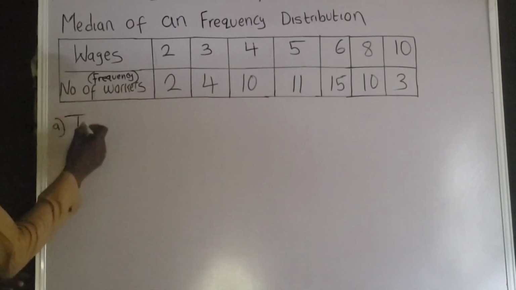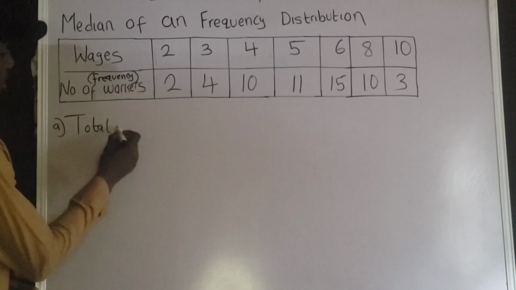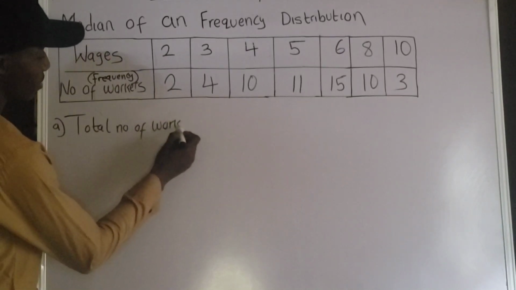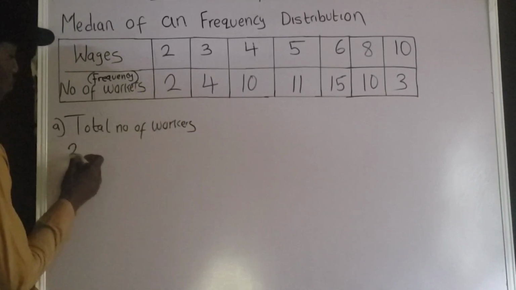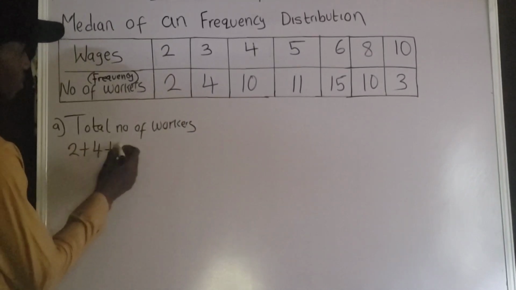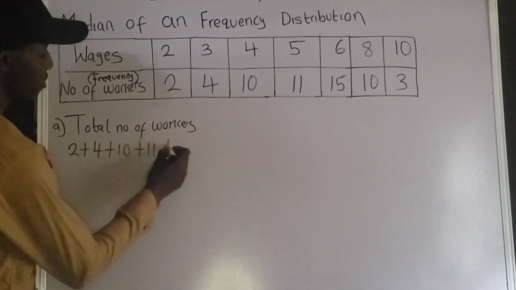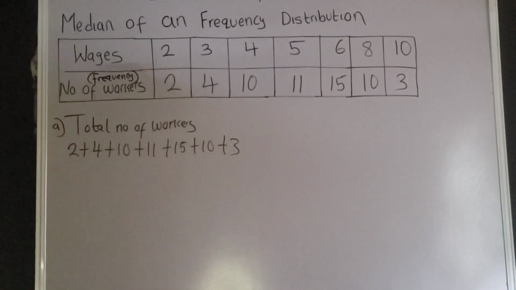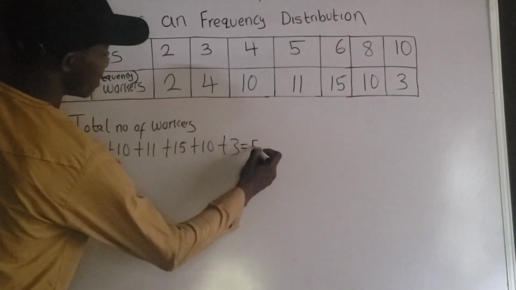So the total number of workers on the farm is what? 2 plus 4 plus 10 plus 11 plus 15 plus 10 plus 3. So the total number of workers on the farm is 55.